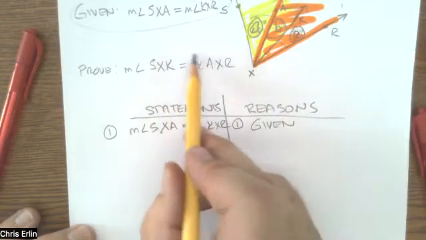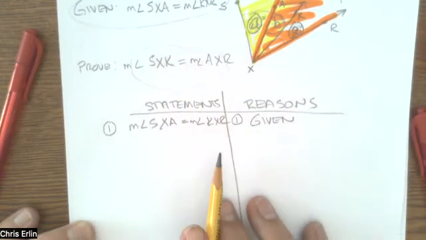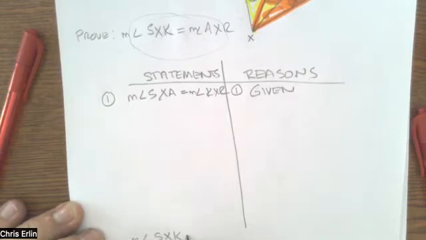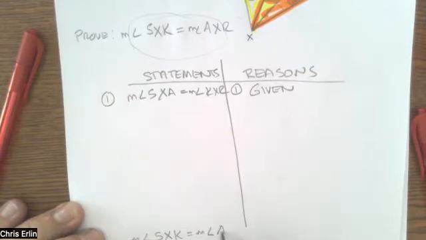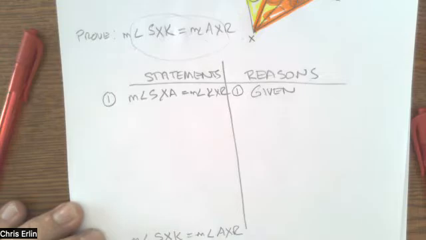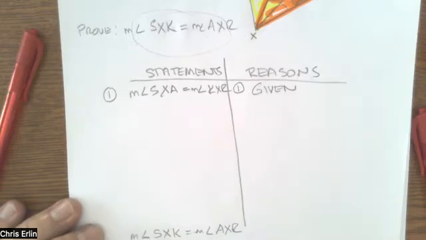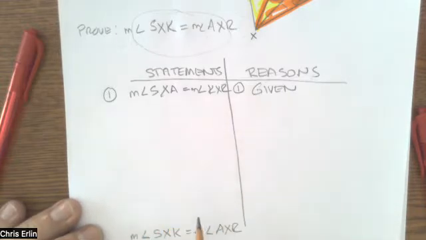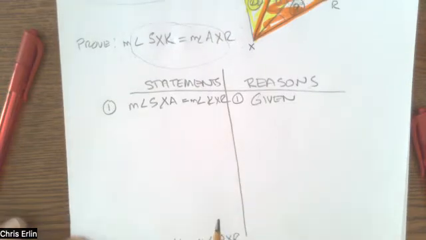Now, the other thing I know is that this has to be my destination. I don't know what number it's going to be, but when I reach the bottom, it's going to have measure of angle SXK equals measure of angle AXR. Can we all buy into what I'm doing here so far? The angles make this a little bit confusing because I have to write out so many letters.